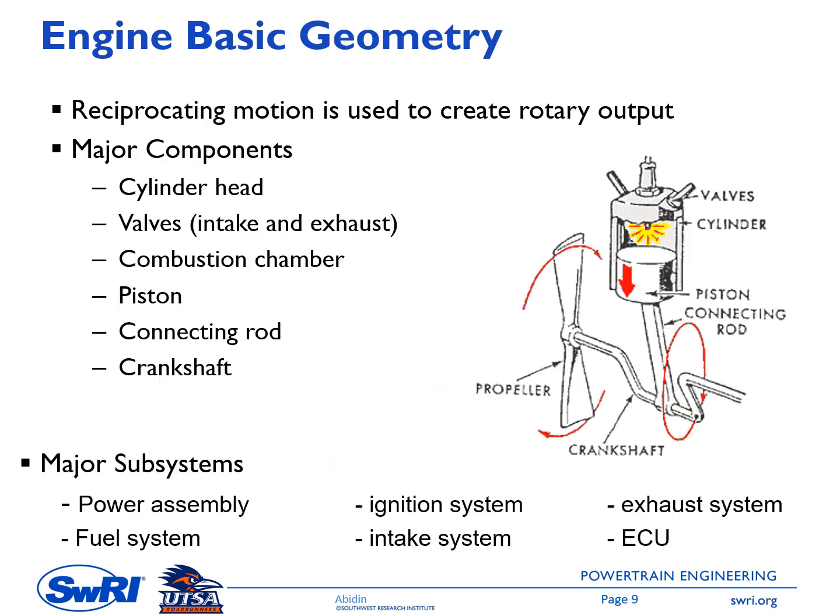The next one is engine basic geometry. In a reciprocating internal combustion engine, we have a piston that is doing reciprocating motion, and then by this crank mechanism, the reciprocating motion is converted into rotary motion and then connected to the shaft, and finally it goes to the car wheel. So the major component of the internal combustion engine is the cylinder head.